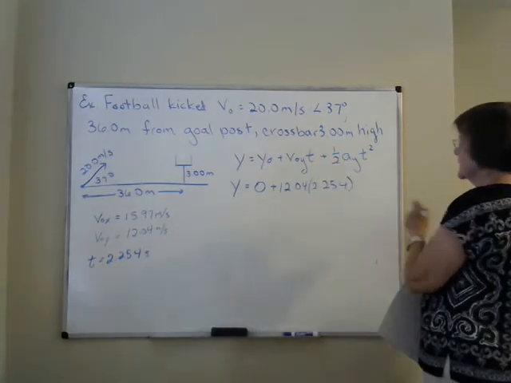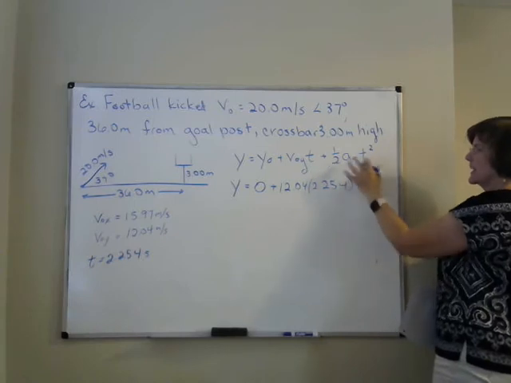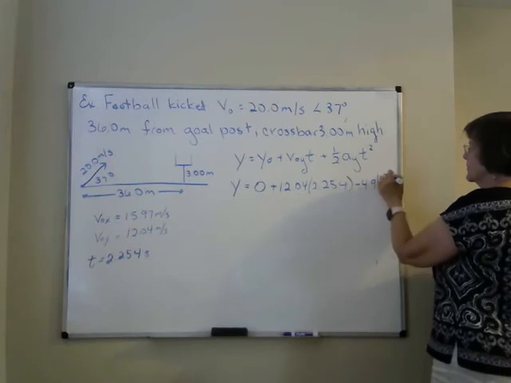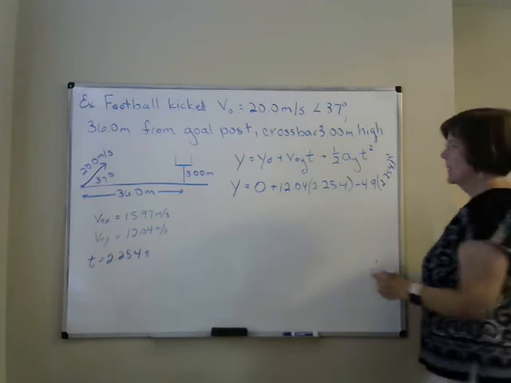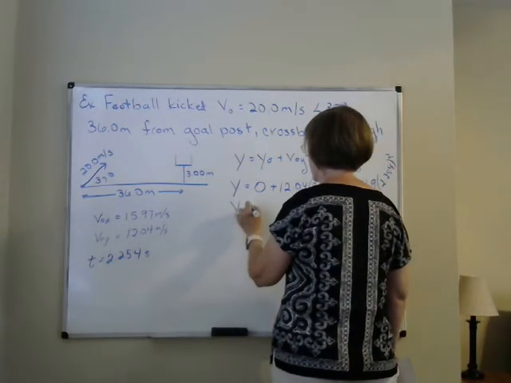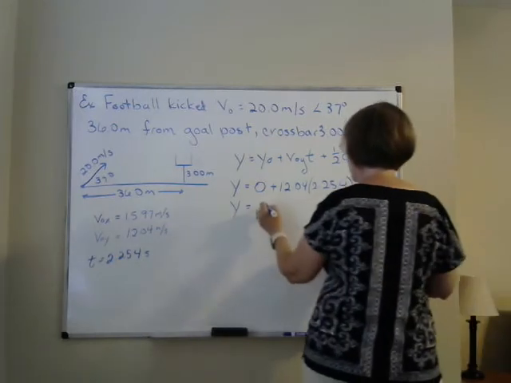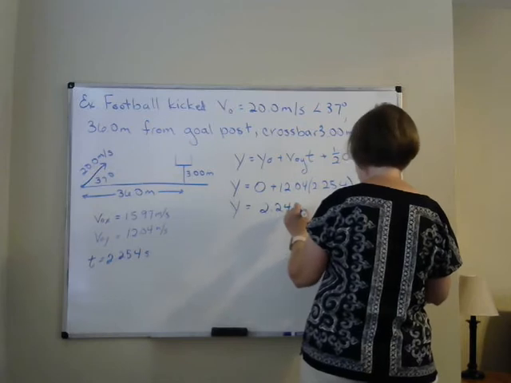One half of the acceleration is negative 4.9. Remember, the acceleration here is negative 9.8. And then that same time, 2.254 squared. I'm squeezing it in on the board there. It comes out to be 2.24 meters.